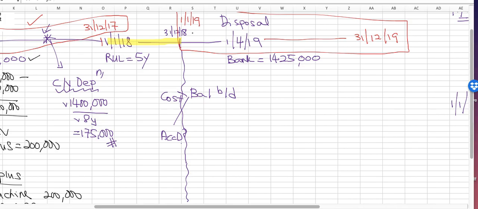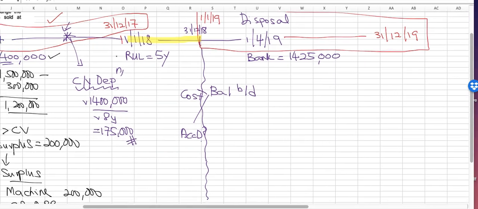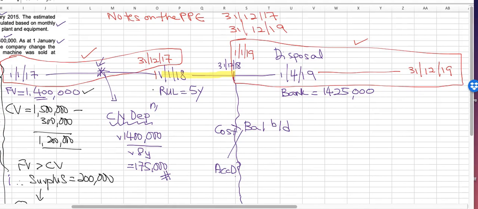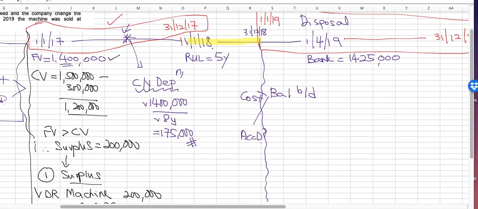So previously, before 1st January 19, will be up to this point. Previously they revalue and they depreciate. 2018 nothing happened, except that it says here the remaining useful life is only 5 years.